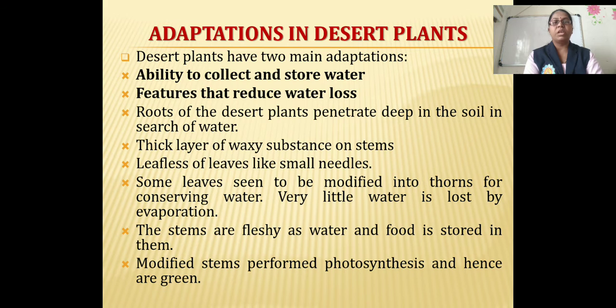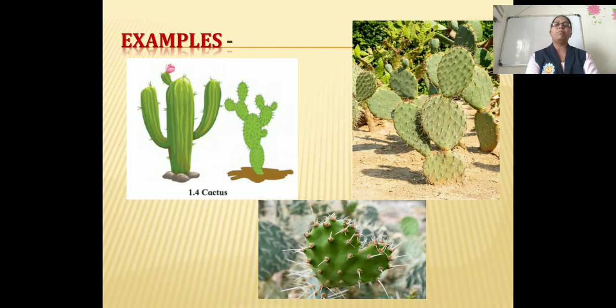Leaflets of leaves are like small needles. Some leaves are modified into thorns for conserving water. Very little water is lost by evaporation. The stems are fleshy as water and food are stored in them. Modified stems perform photosynthesis and hence they are green. So these are the adaptations in desert plants. Here you can observe the desert plant in the slide, that is cactus.